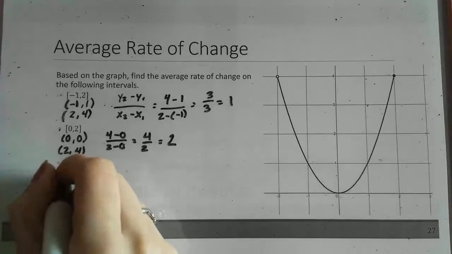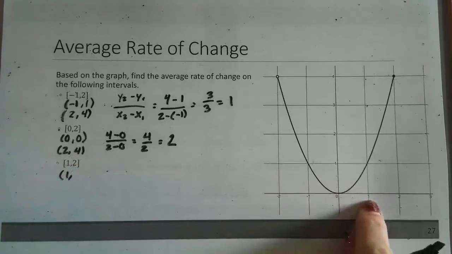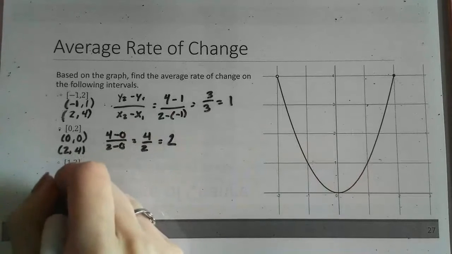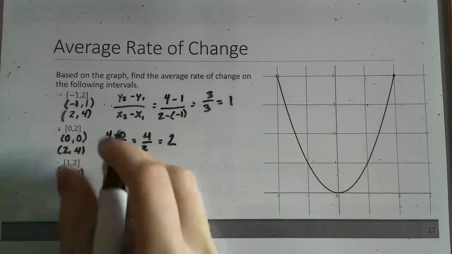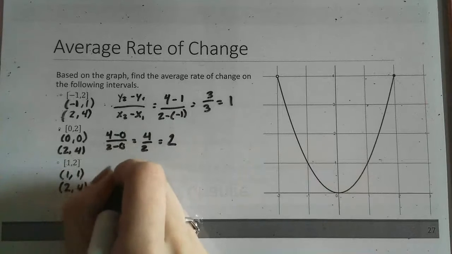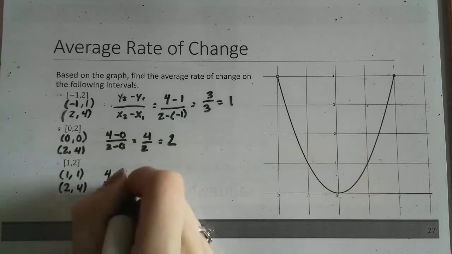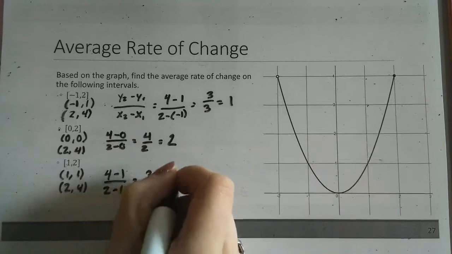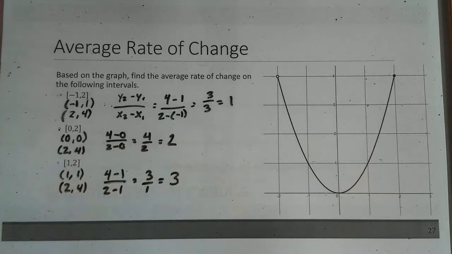Finally, we have 1, 2. If I use an x value of 1, then my y value is 1. And again, we know if x equals 2, then y equals 4. Plugging into the formula, I get 4 minus 1 over 2 minus 1, which is 3 over 1, which is 3. I'm going to show you what this means in terms of the graph.